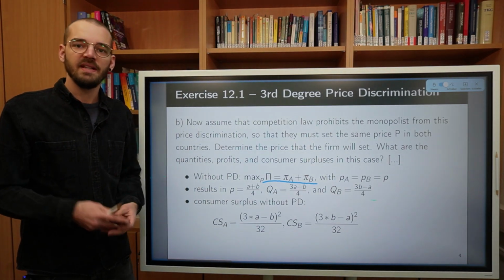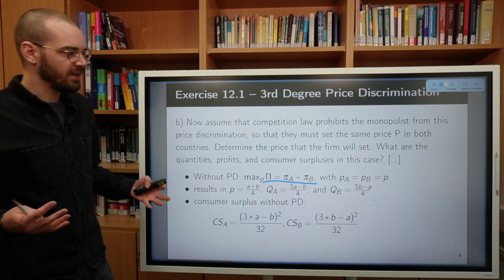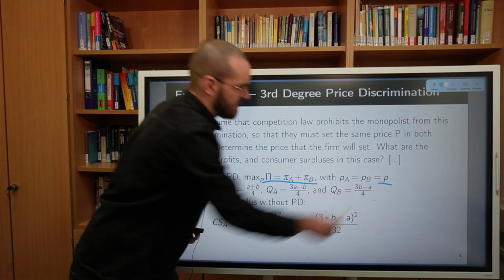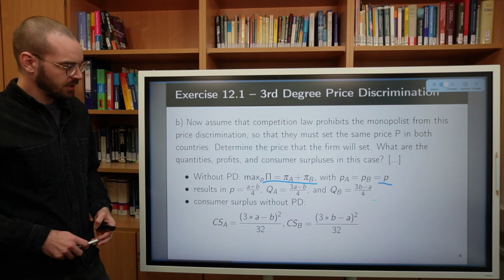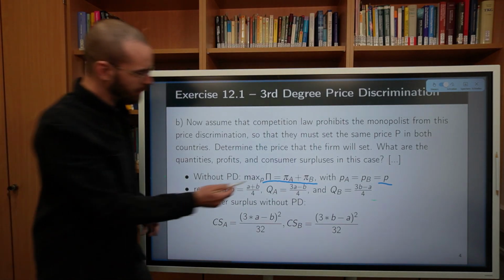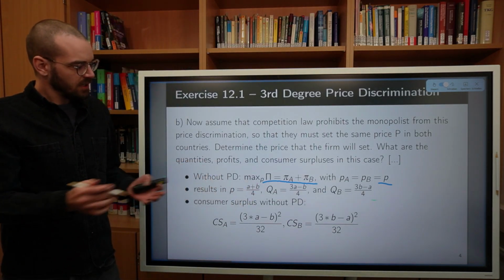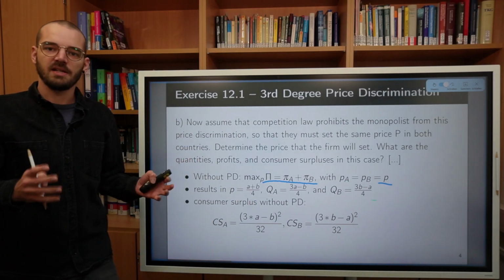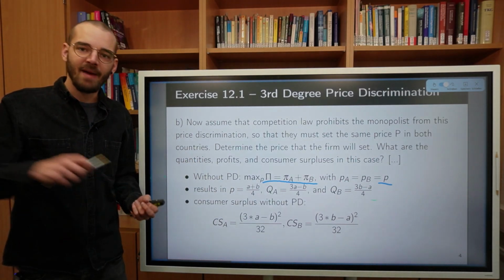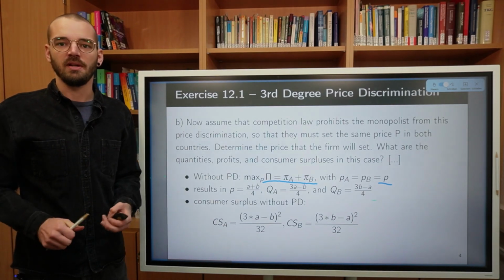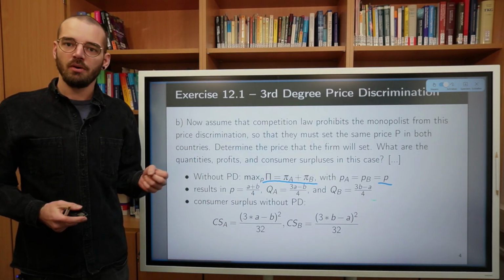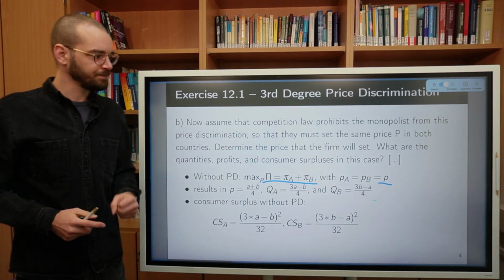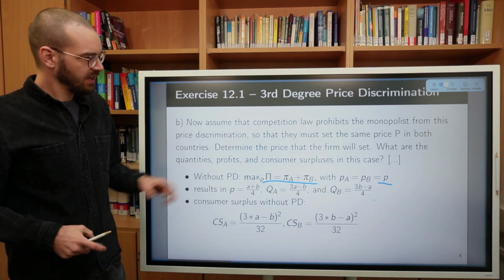So we can simply interchange these parameters with one that has no index and is simply called P. So we add up the profits in country A and in country B and maximize this profit function through the choice of the market price.